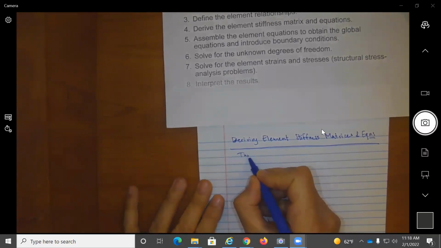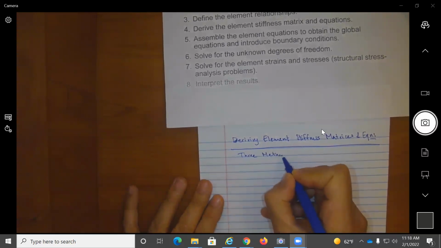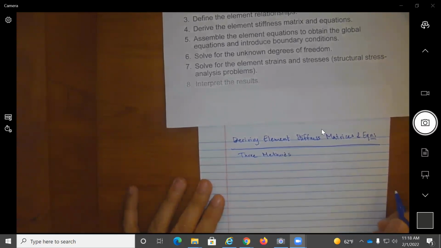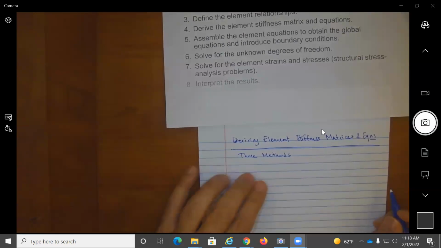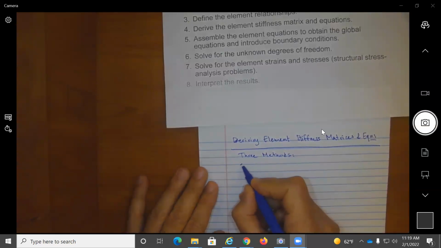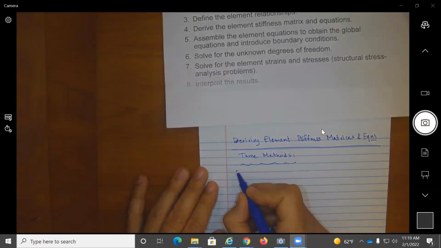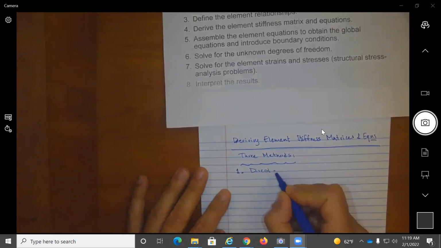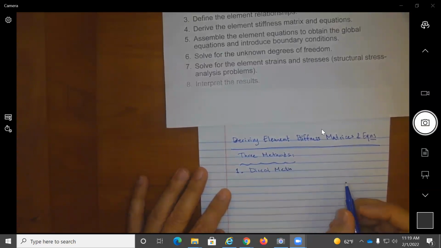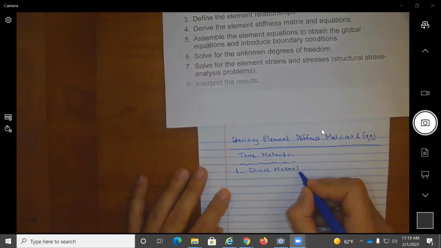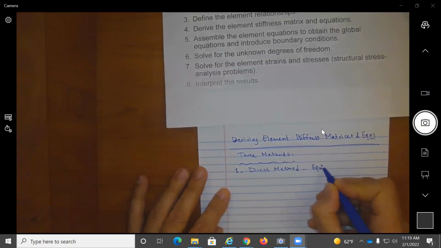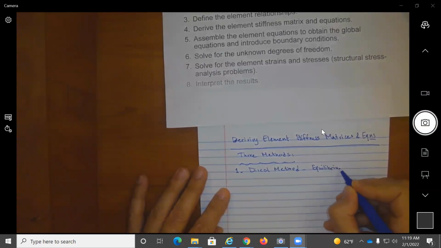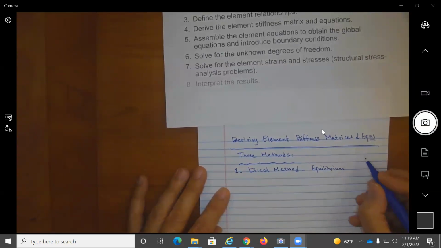We have 3 methods that we can use. The first one that we utilized already is the direct method, or we can say the equilibrium method for structural problems.